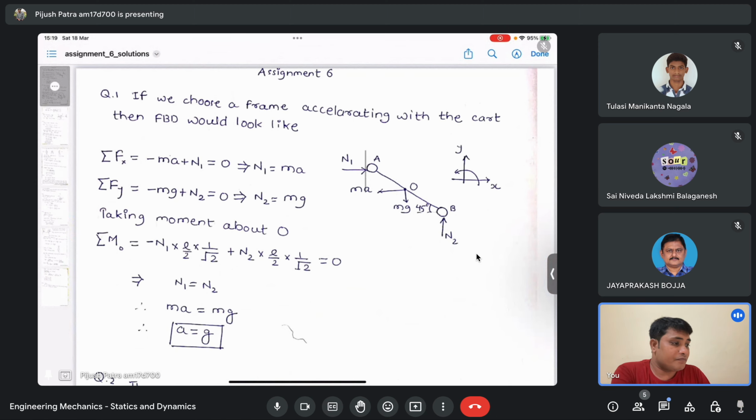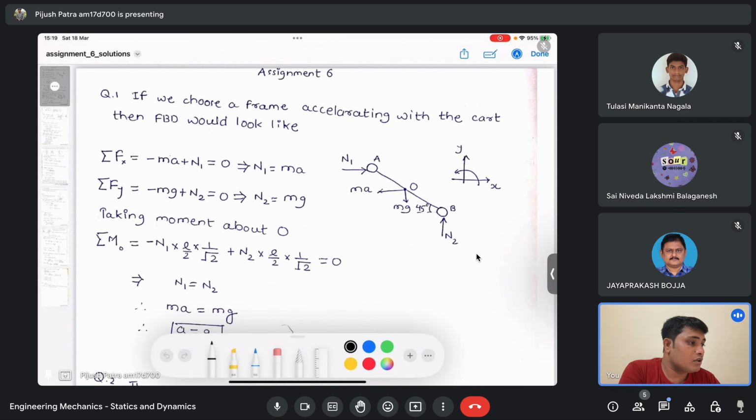If we neglect that, then you have the normal forces on both the rollers, perpendicular to that surface, and you have two rollers, and this AB is the slender rod. In this figure, this AB is the slender rod.